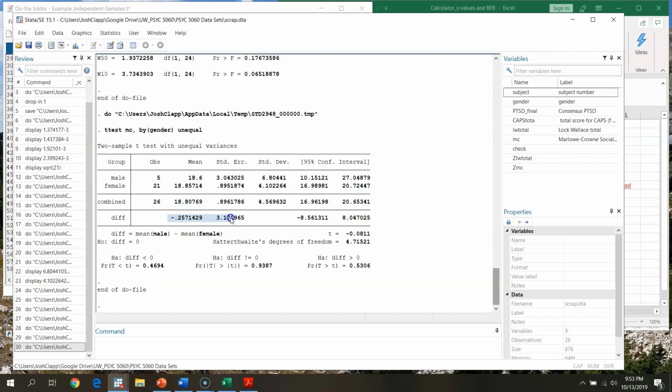Here again is our difference, but with our corrected Satterthwaite degrees of freedom, the t-value is still very, very small, still nowhere near anything that we would feel confident claiming as differences. Everything is looking fairly similar. So even when we run this test not assuming equal variances, we're agreeing that yes, we have violated the homogeneity of variance assumption.